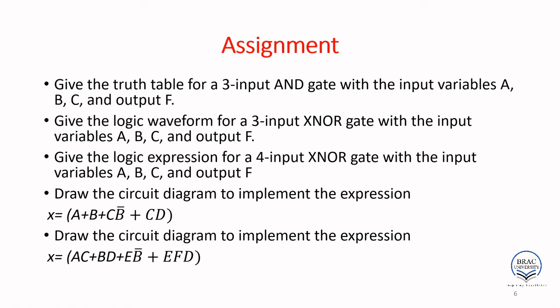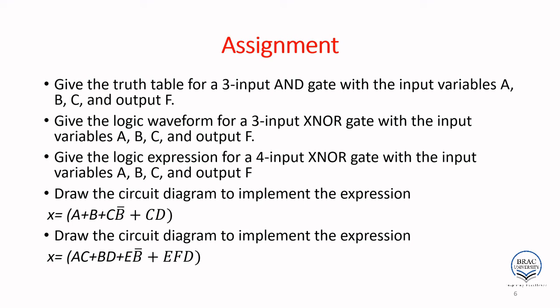If you look at the first assignment, it says give the truth table for a 3-input AND gate. For 3 inputs, you are given A, B, and C, and you need to determine the output. Instead of 2 inputs, you need to determine the 3-input AND gate. You need to show the truth table, the equations, and draw the circuit for that. Similarly, a 3-input XNOR gate.